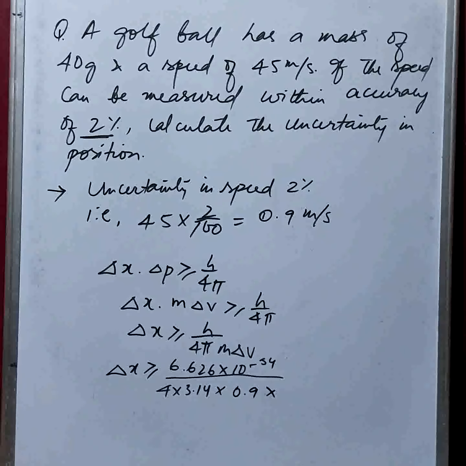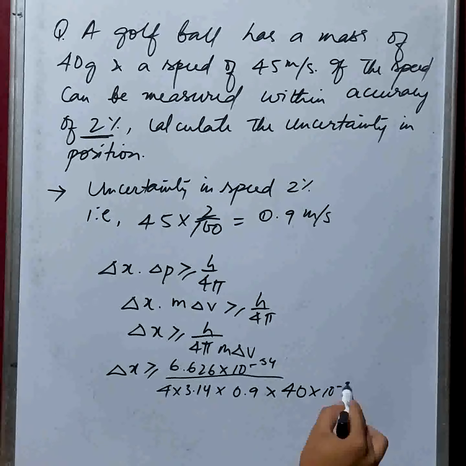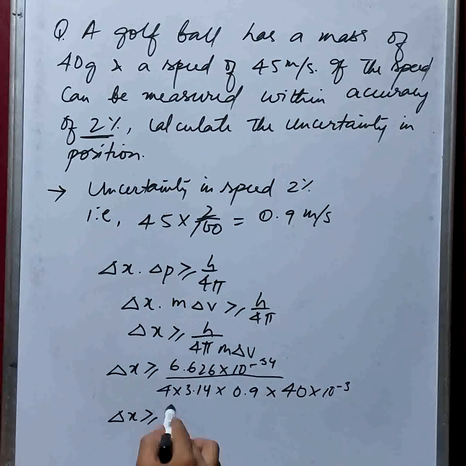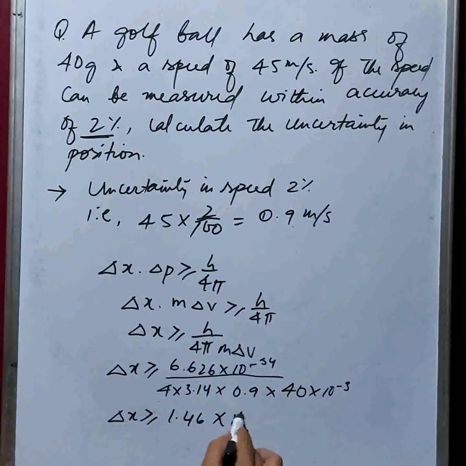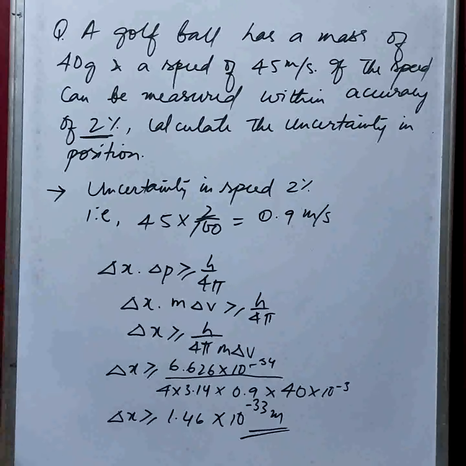The mass is 40 grams, which we can convert into kilograms. So our uncertainty in position will be greater than or equal to 1.46 into 10 raised to the power negative 33 meters. We'll wrap this chapter up with another part.